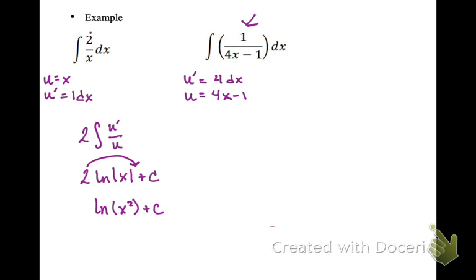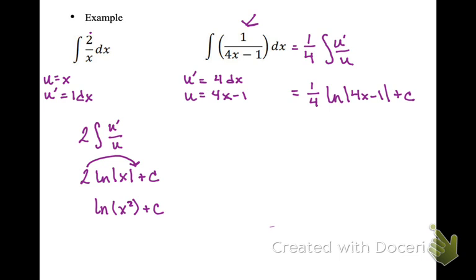So what do I have to put in front of it? 1 over 4, the integral of u prime over u. So if you have u prime over u, then it is the natural log. So you have 1/4 the natural log of the absolute value of 4x minus 1 plus c.